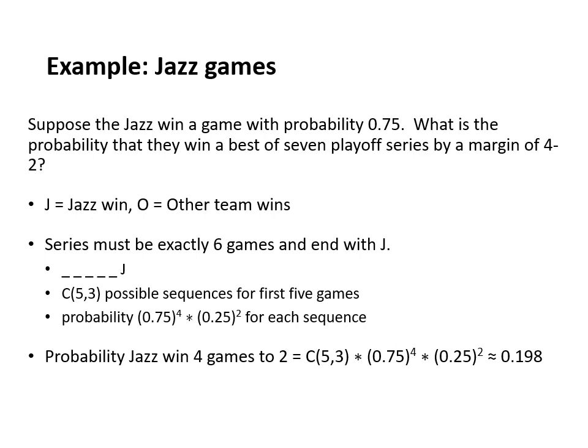And now, how many possible sequences do we have for these first 5 games? Well, that's C of 5,3 because we have to place 3 J's into 5 slots.